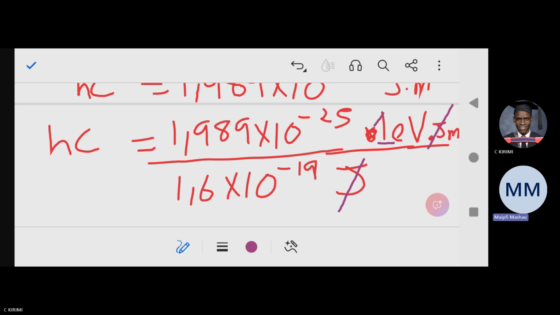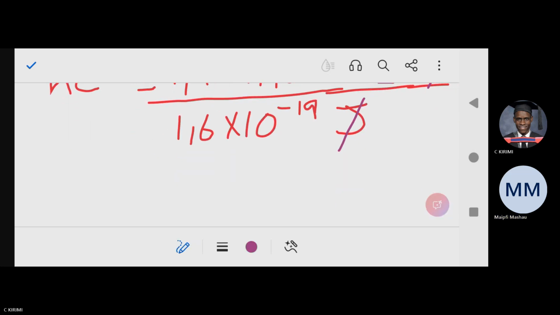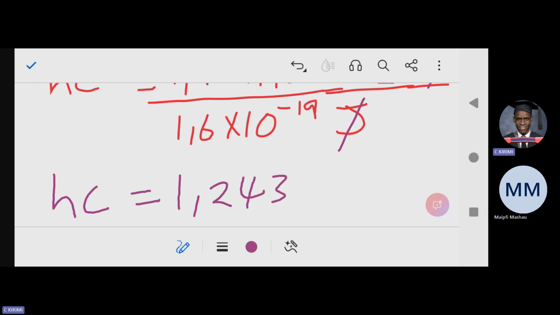So what is 1.989 divided by 1.6 times 10 to the power negative 19? It's 1.243 times 10 to the power negative 6. So hc equals 1.243 times 10 to the power negative 6 electron volt meters.